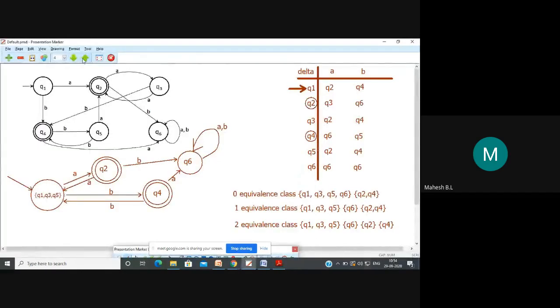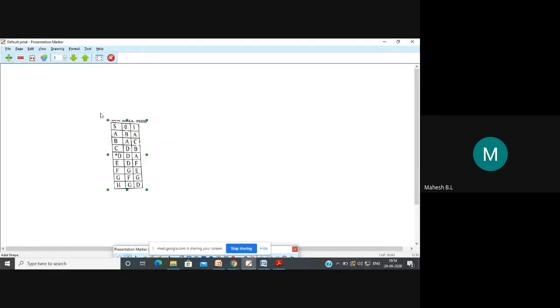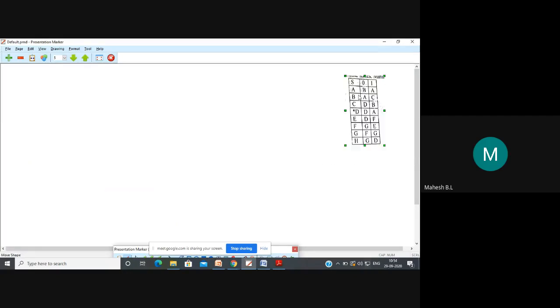Okay, let's see that particular example. This is the transition table which is given. But there is a problem here. They have not mentioned which is the initial state. That is the mistake. Here star means it is representing the final state, the accepting state.